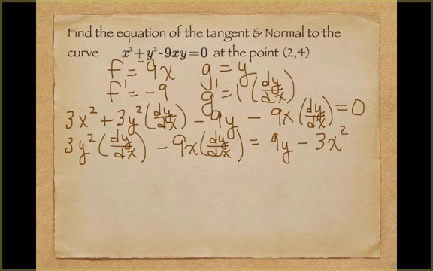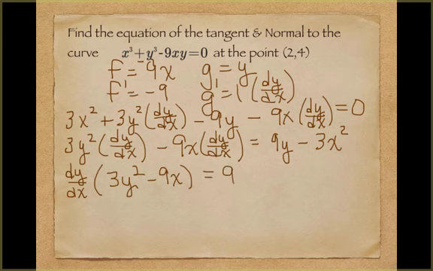Then I'm going to factor out dy dx. So I have dy dx times 3y squared minus 9x equals 9y minus 3x squared.